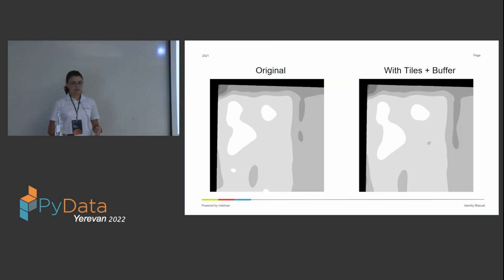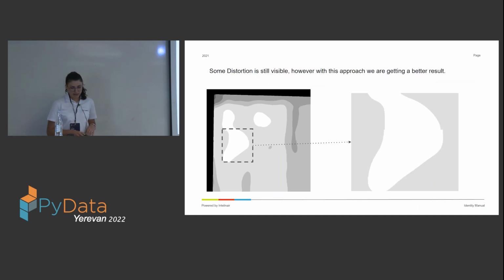In this case, this is the result we see. Again, these are the same 4 tiles. We just read them with 50 pixels larger, but still wrote the 512 pixels over 512 pixels. You can see here that we still have some distortion. It is not an ideal smooth finish.